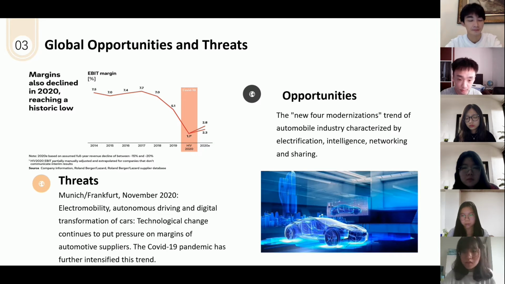Second, according to the Roland Berger Automotive Study in Frankfurt, November 2020, electric vehicles, automated driving, and digital transformation of vehicles, technological trends continue to put pressure on the profit of automobiles. Also, the COVID-19 pandemic further exacerbated these trends.